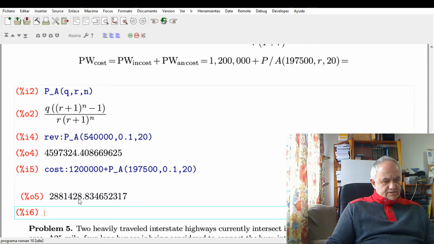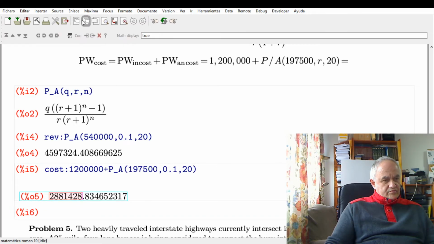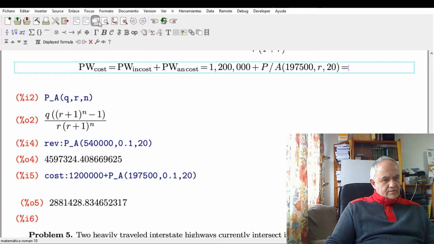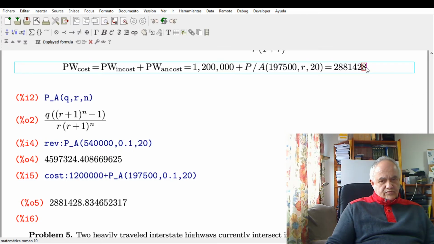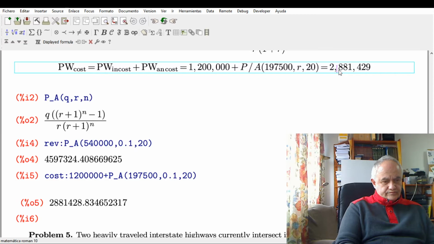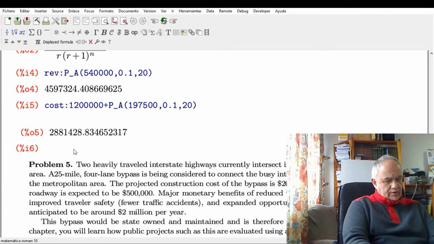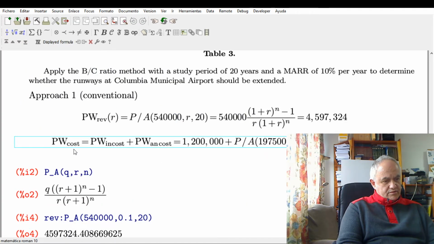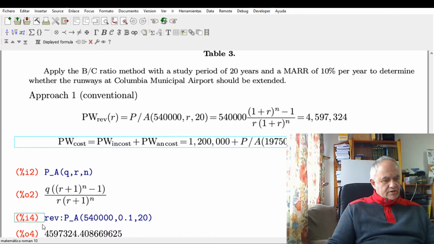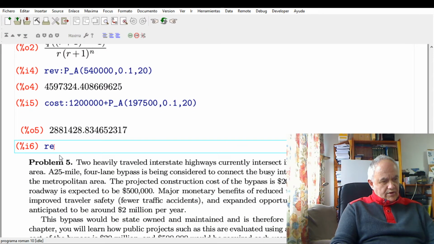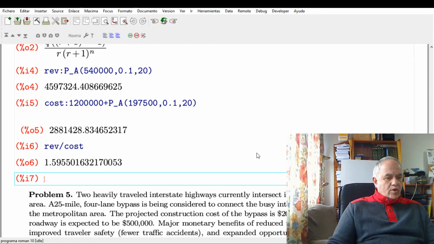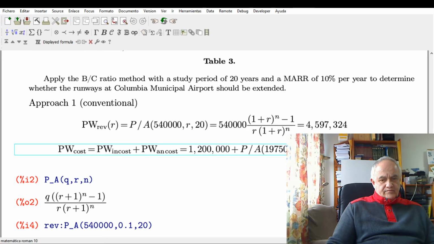So the cost is this amount. I will copy directly and I will just round to 2,659 here. Okay. Then we can directly obtain rev over cost. Oh, sorry, not here, but here. Rev over cost will be 1.59. Okay, perfect.